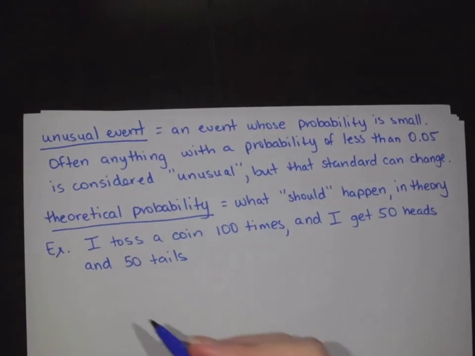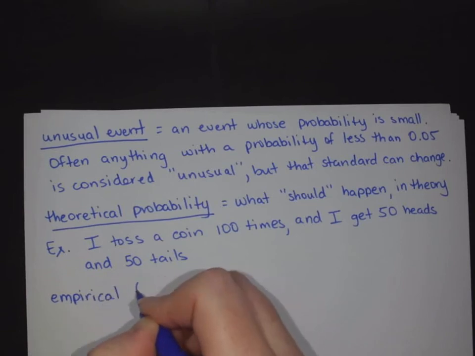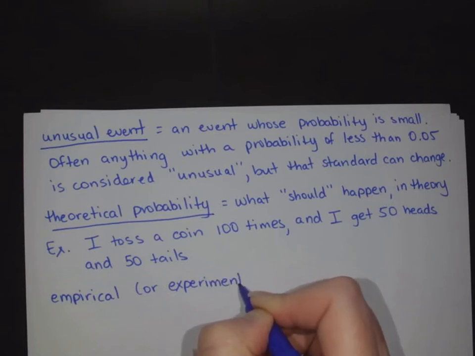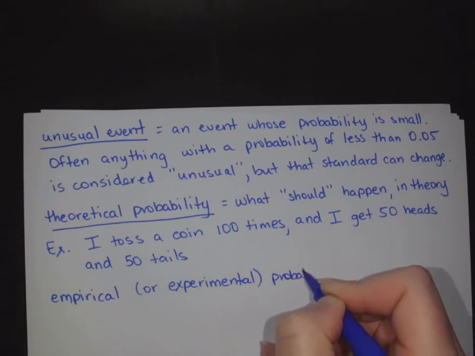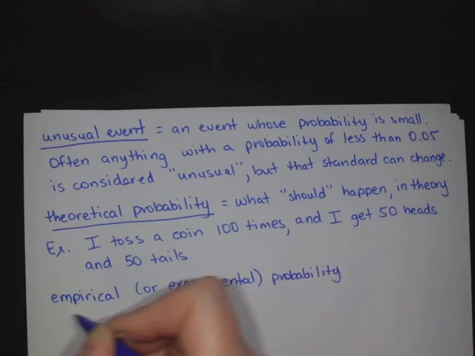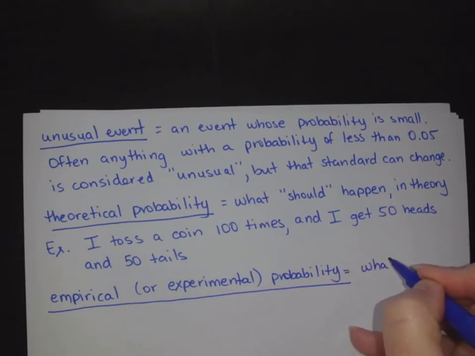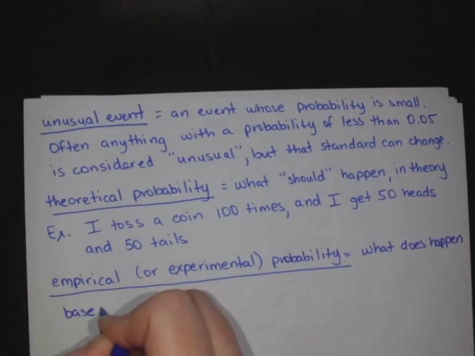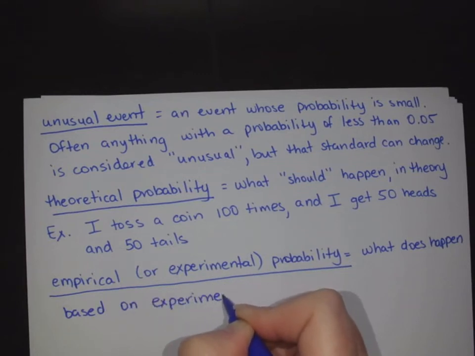That's what should happen. But often what does happen is a bit different than what should happen. So we also have empirical or experimental probability. I think this book calls it empirical, but a lot of textbooks call it experimental. And that is just what does happen based on actual results. Sometimes what does happen is what, quote, should happen, but sometimes it varies a little bit from what we expect.